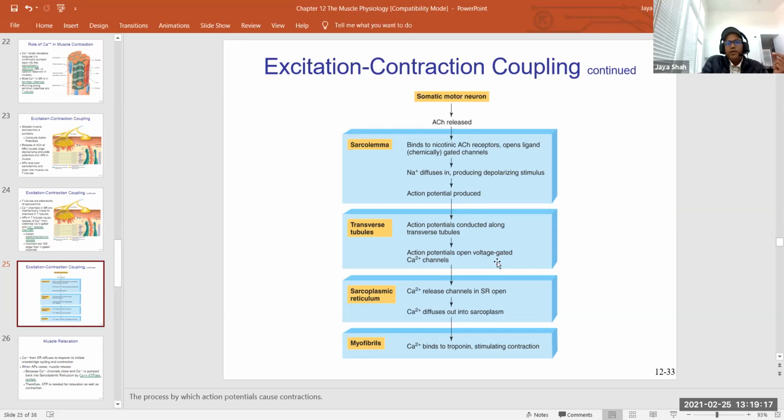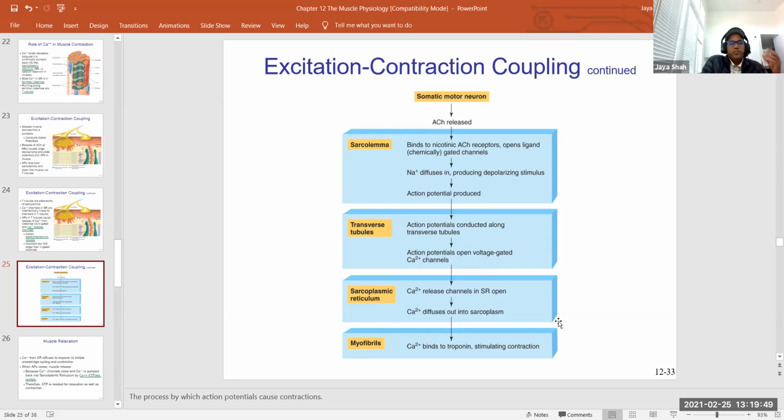The action potential opens voltage gated calcium channels in the plasma membrane of the muscle cell, and that then activates the sarcoplasmic reticulum to release calcium. Calcium diffuses out into the sarcoplasm, binds to troponin and stimulates contraction.